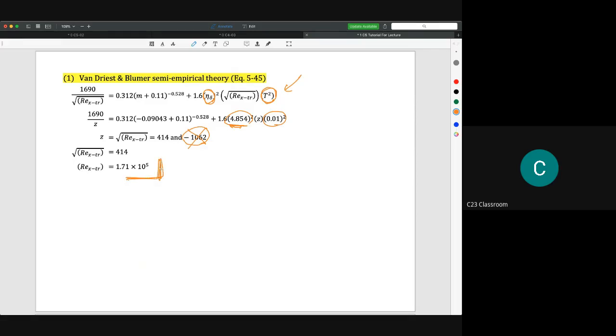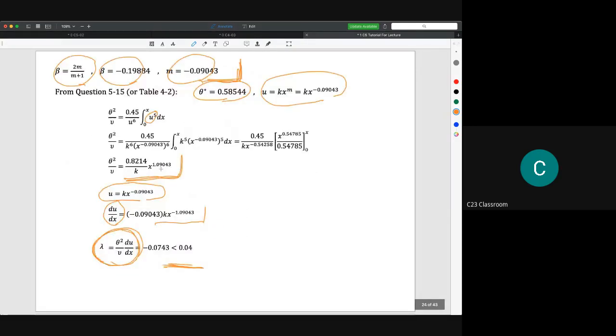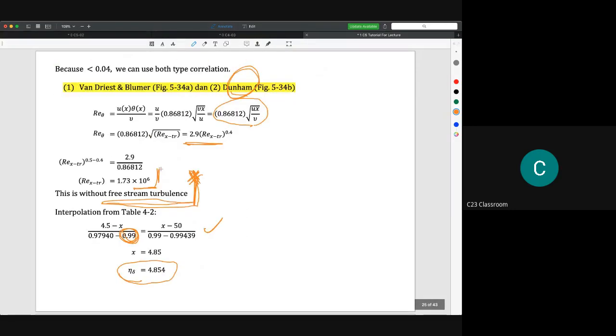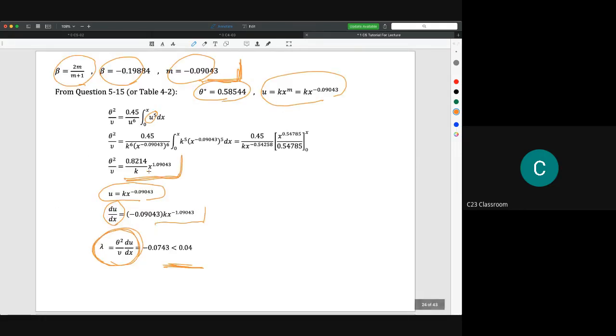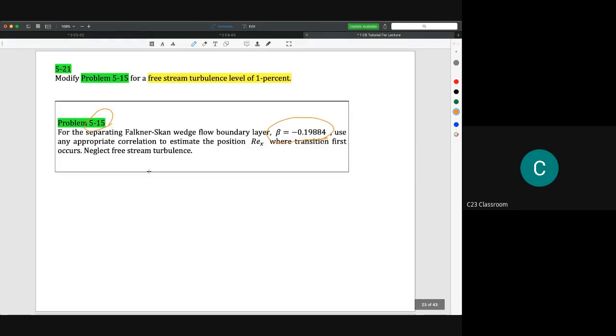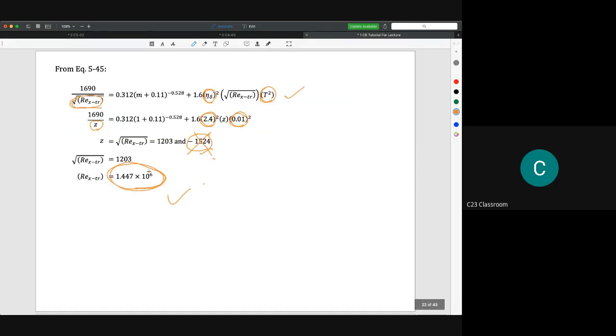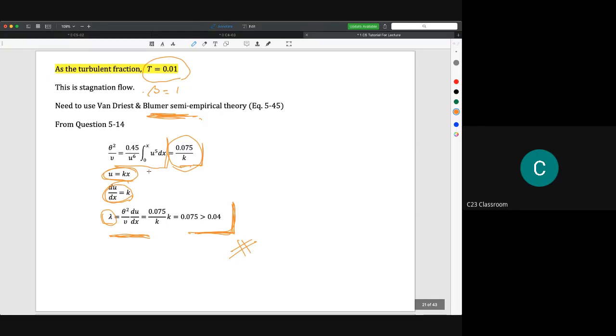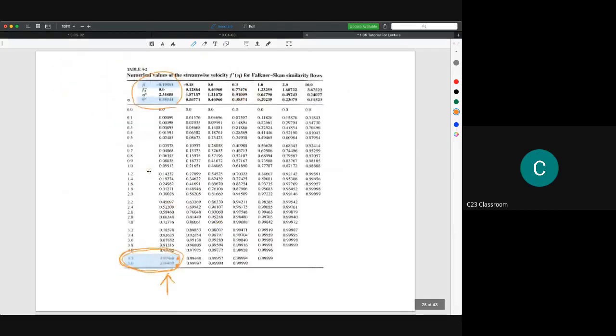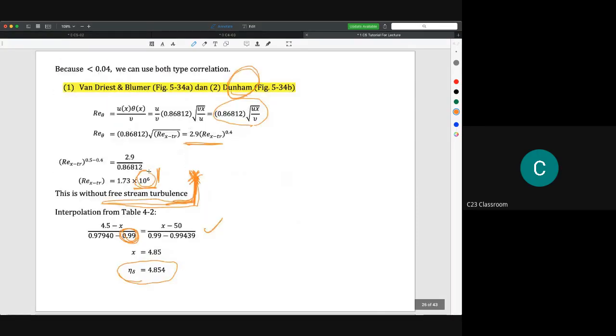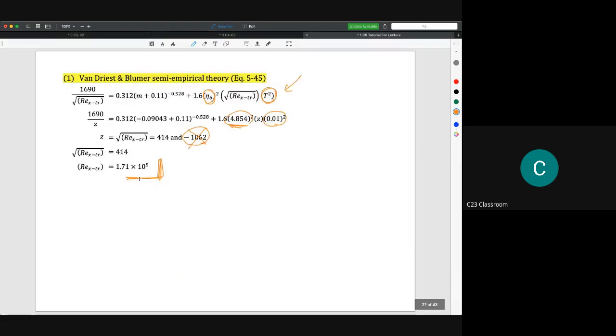We found that the Reynolds transition is different from the value that we get without free stream turbulence, which is 10 to the power of 6. I'm sorry, it is 1.7 times 10 to the power of 5.